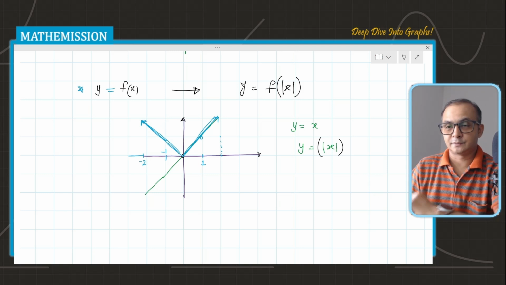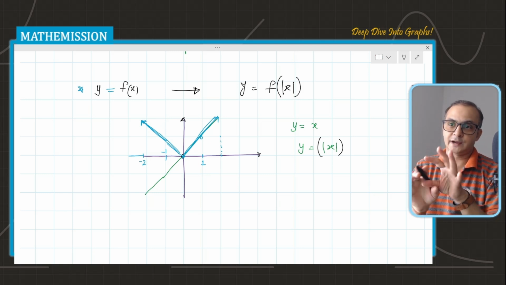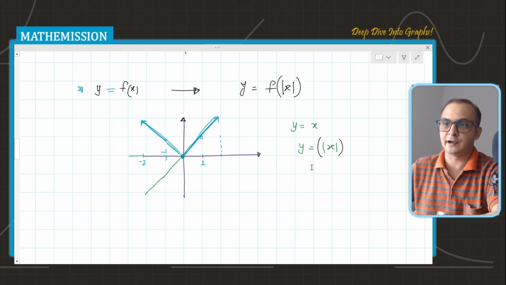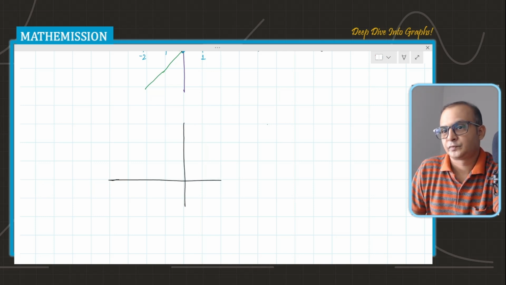The graph is a symmetrical graph, and that is why you are not identifying the difference between these two. But let's take another graph and then you will see that. Let us take the function like this.